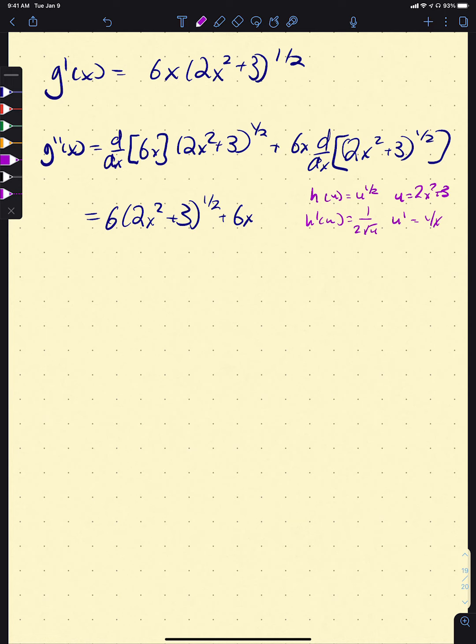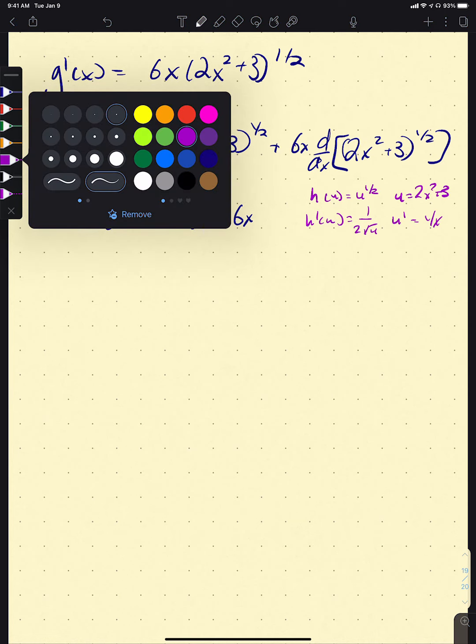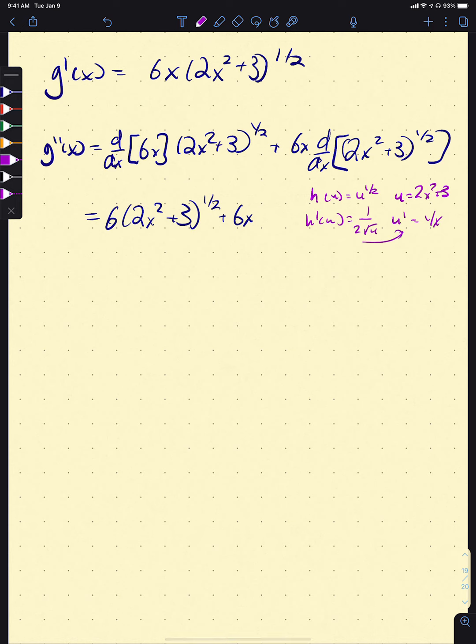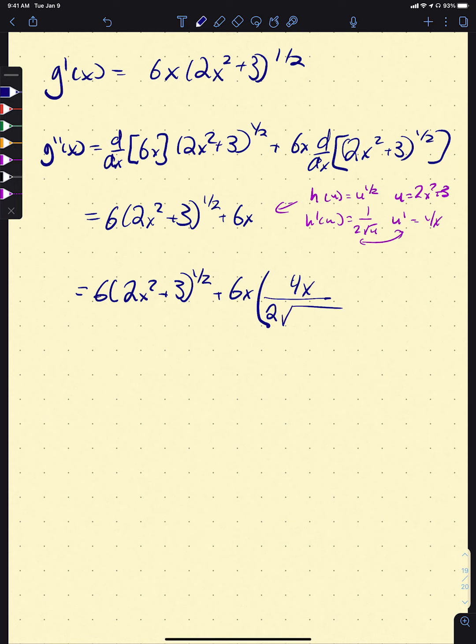And then we can put all that together, multiply these two, substituting in our value for u, and we're going to get 6 times (2x squared plus 3) to the 1/2 plus 6x times what? Well, we're going to have 4x on the top, and then 2 times the square root of 2x squared plus 3, right?